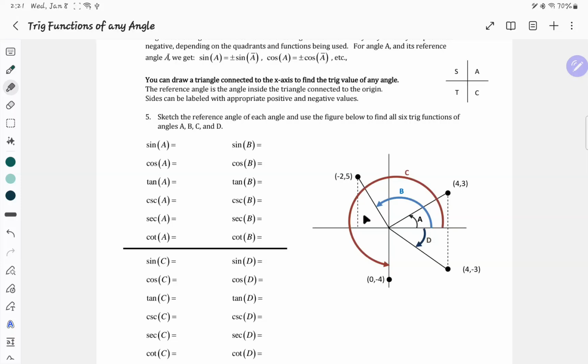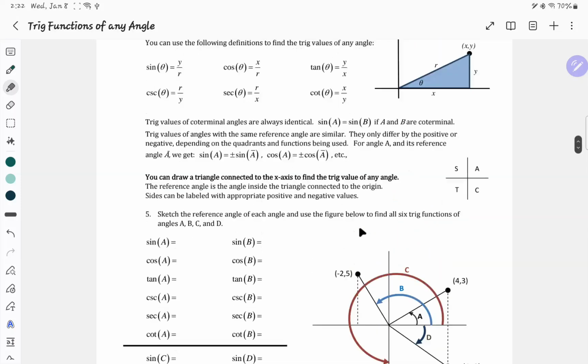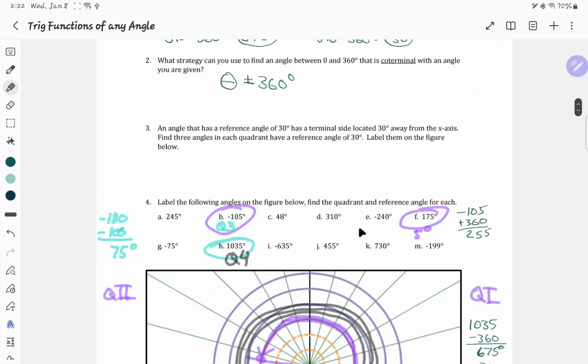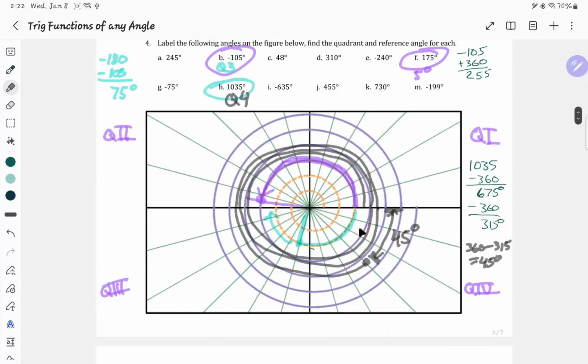A lot of the angles will end somewhere, and we're just going to draw a triangle and then figure out from those sides what our trig functions are going to be. So that's kind of the importance of trying to figure out where all these angles lie, what the reference angles are, things like that. So we'll get to that in a couple extra videos.